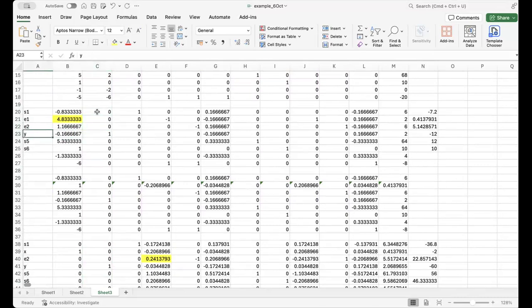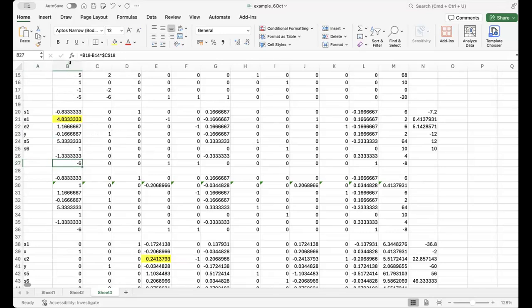You see that in the first iteration, we introduce Y to basic variable and we remove E3, right? And the next one, of course, this is the negative.